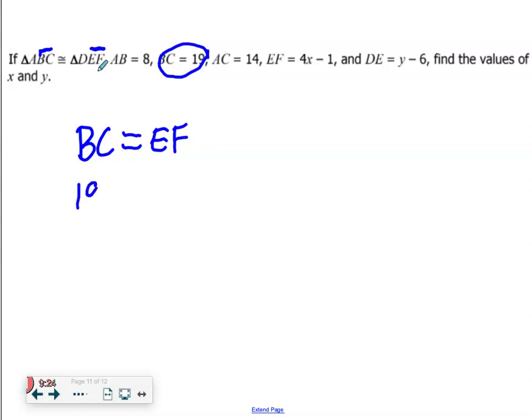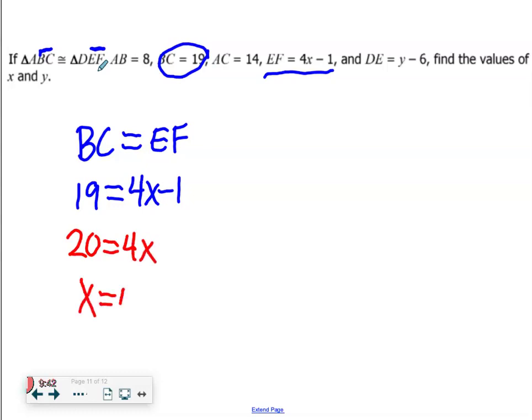So 19, and then EF equals what? 4x minus 1. We agree, Connor? Yes. So we had X equals 5.